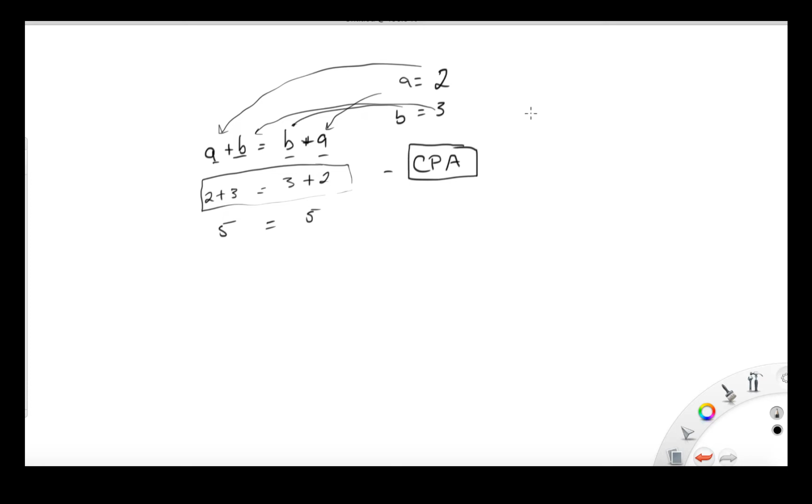All right. Let's go to the next one where we're going to see identity property of addition. If we look at identity property of addition, it looks like this: a plus 0 equals a.